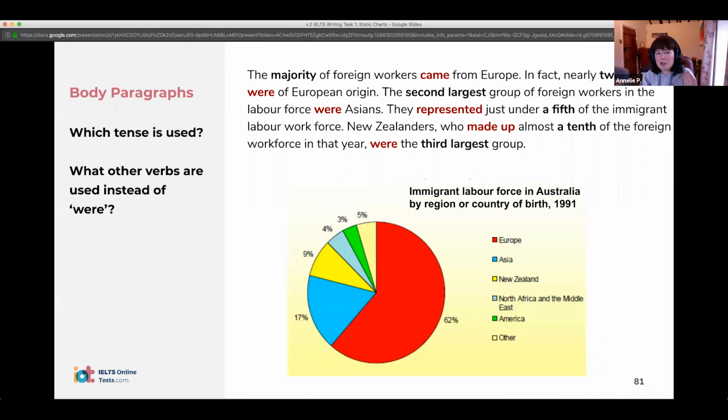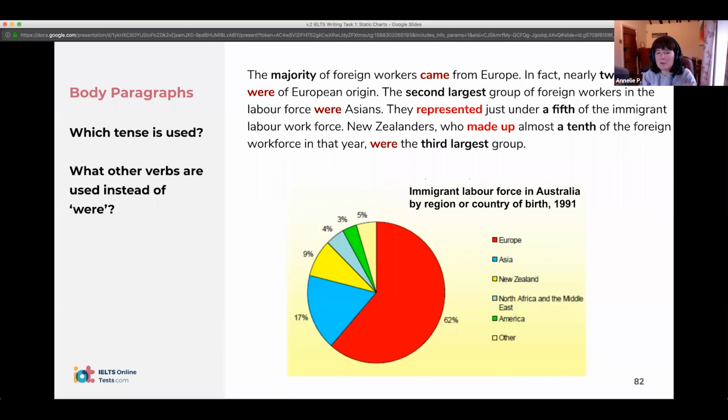We can use "were" for the figures, but that's quite basic. So what other words have we got here to describe the figures? A verb that we use to give the proportion. Very good, Sajidin, we've got "represented". What else have we got there? "Made up."